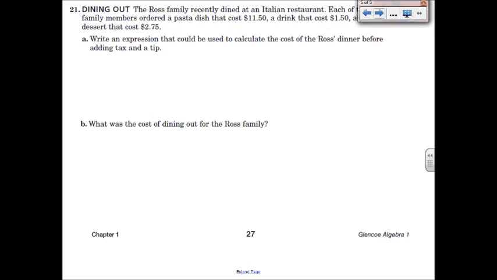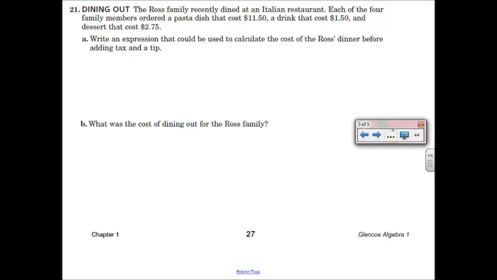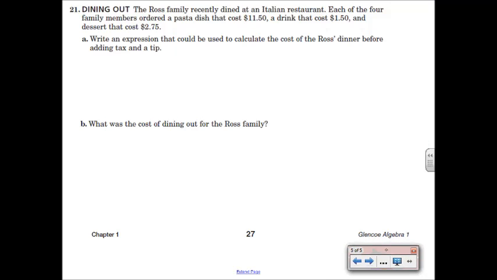All right. The last problem, word problem. The Ross family recently dined at an Italian restaurant. Each of the 4 family members ordered a pasta dish that cost $11.50, a drink that cost $1.50, and a dessert that cost $2.75.